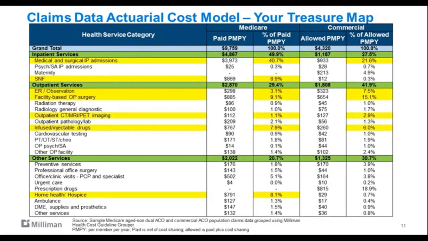And these cost models are what health plans live and breathe by. They have their premium rates, their MLR, medical loss ratio is really these claims. That is the amount spent out of the premium dollars.